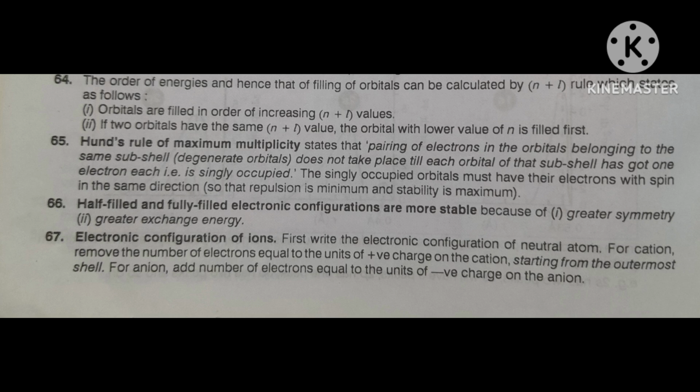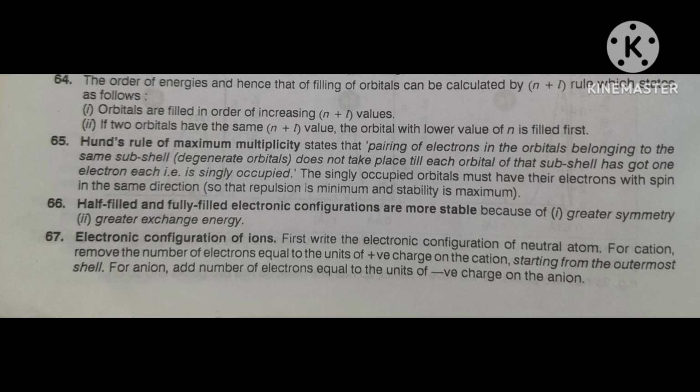Then symmetry is the same. Correct? Half filled and fully filled electronic configurations are more stable because of first, greater symmetry, and second, greater exchange energy. Exchange energy will be more. That's why it will feel stable.